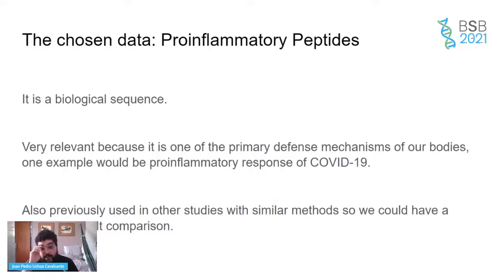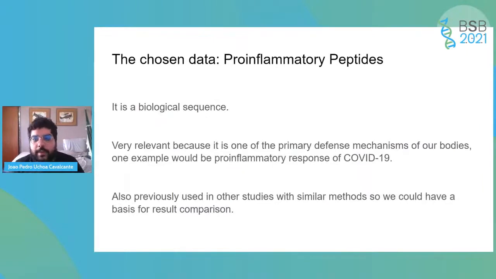The data that we chose to work this problem on was pro-inflammatory peptides. That's a type of peptide that takes part in the inflammatory response in our systems. It's a biological sequence, as I said, and it's relevant because it's one of the primary defense mechanisms of our body.